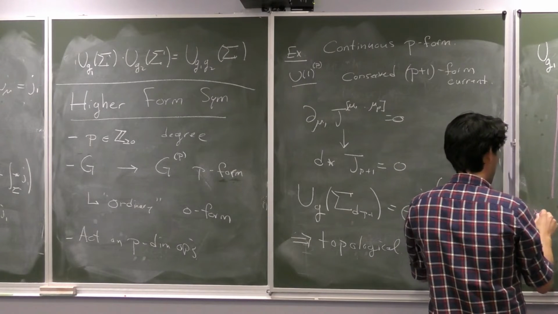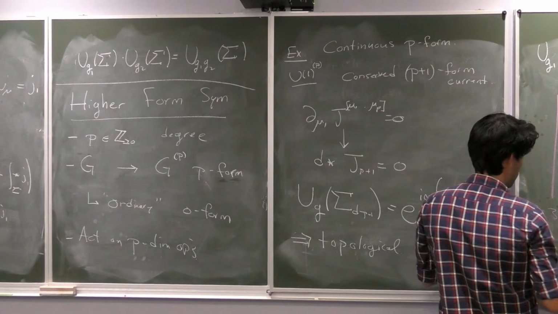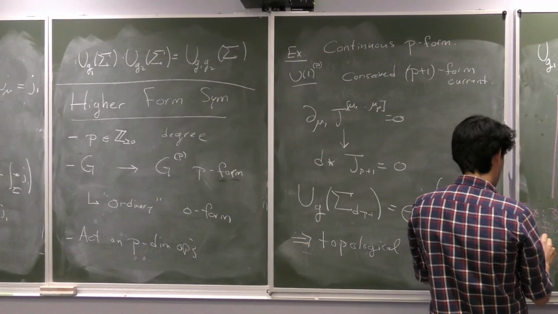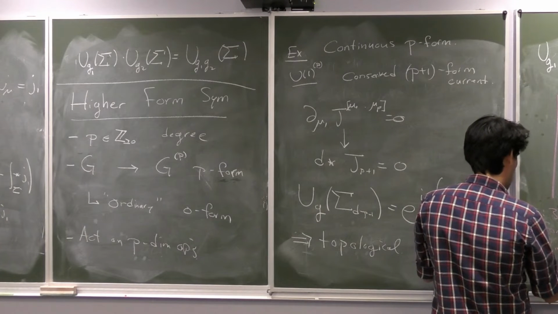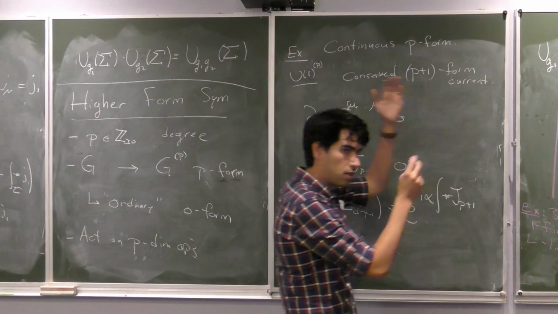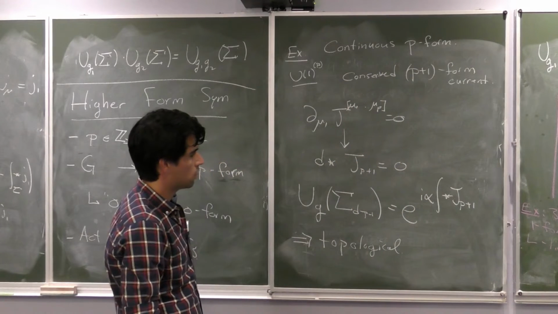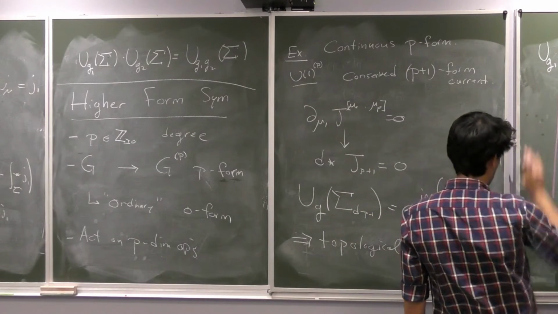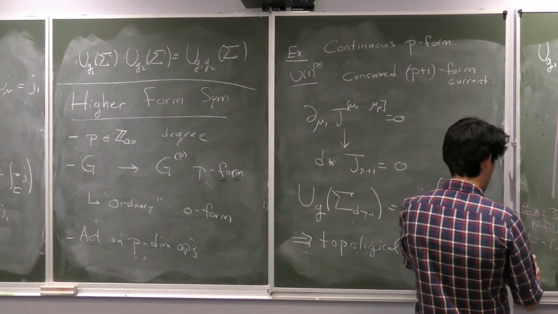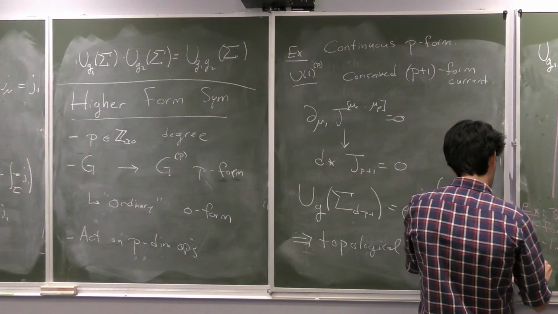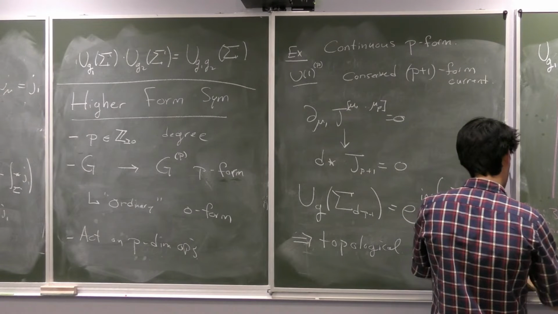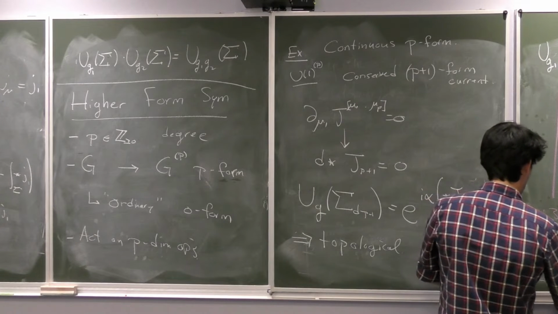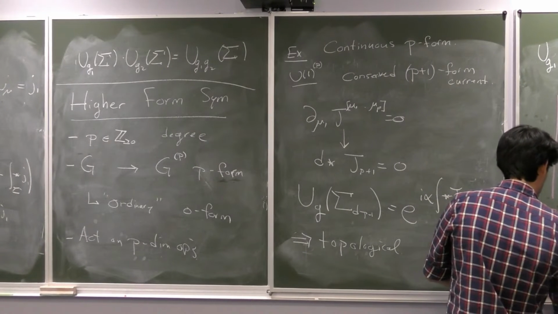The example to have in mind is a 3D theory with a one-form symmetry, and now L is a line operator, some operator that's wrapped on a one-dimensional curve. In this theory, the symmetry defect operator is d minus p minus 1 dimensional, which is 3 minus 1 minus 1, which is again 1 dimensional.